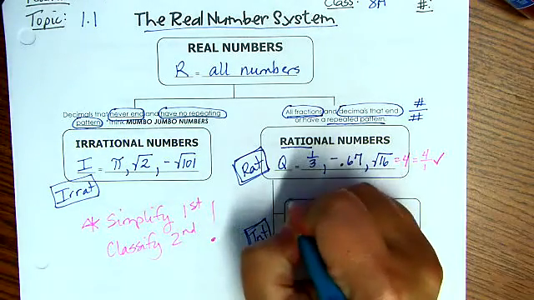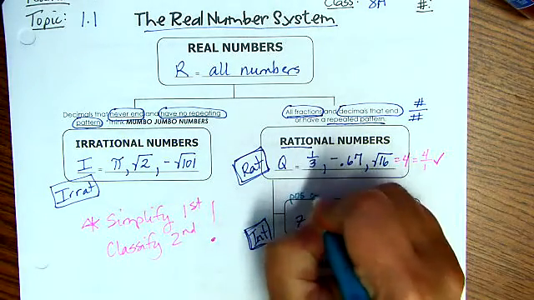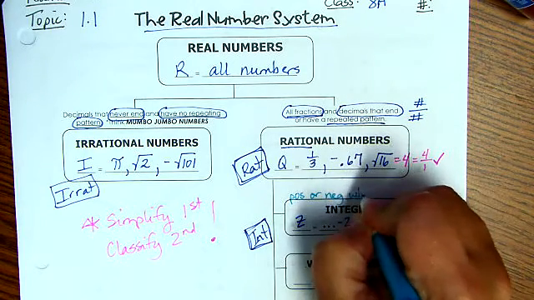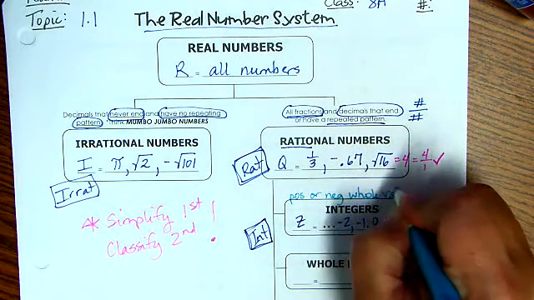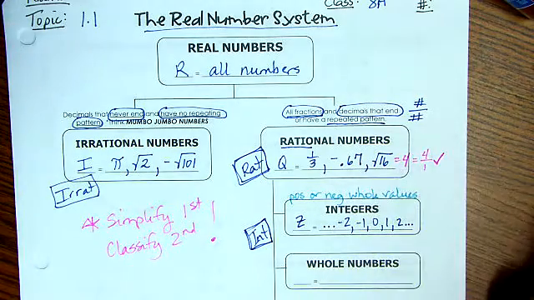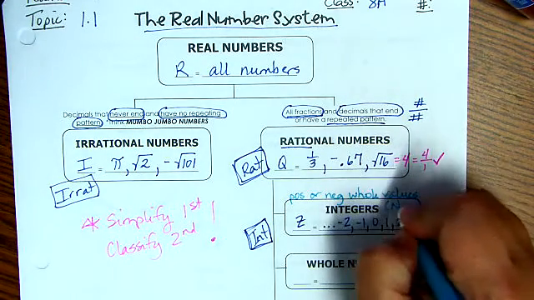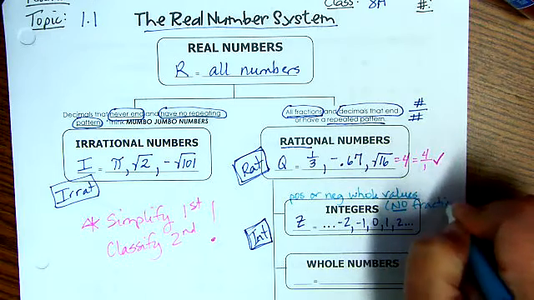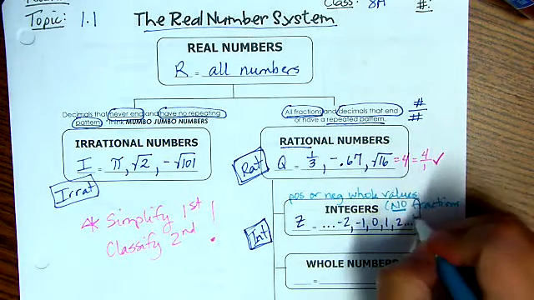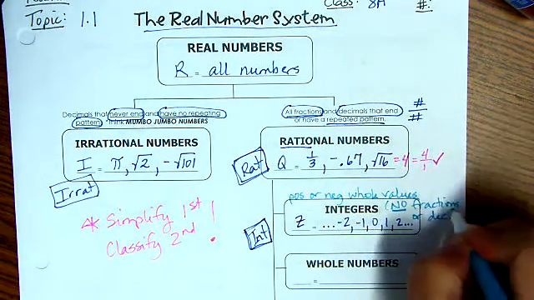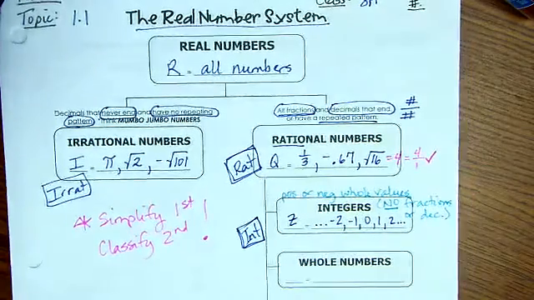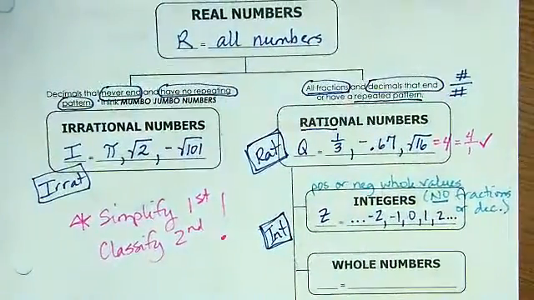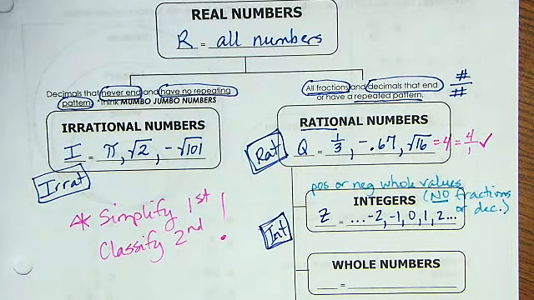This is positive or negative whole values. No fractions or decimals. Just so you can see this a little bit better. That might be better. Sorry if it's been difficult.